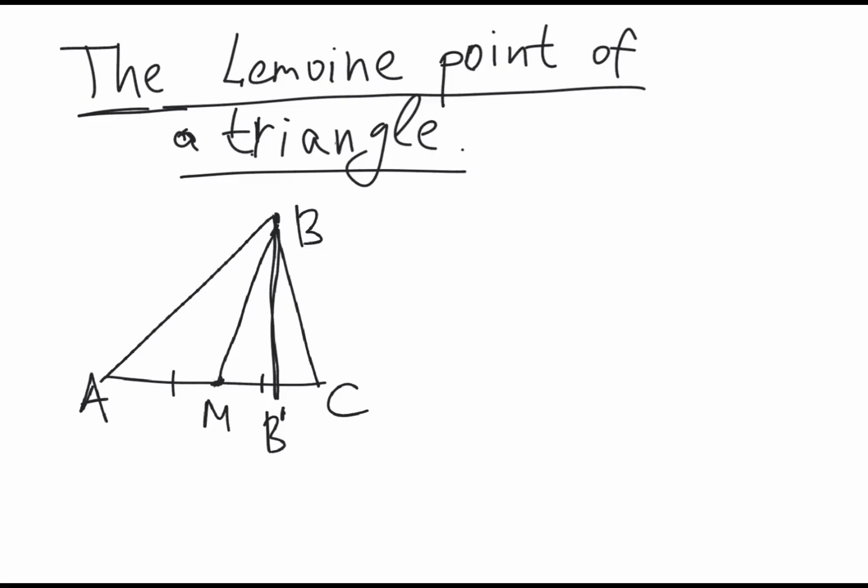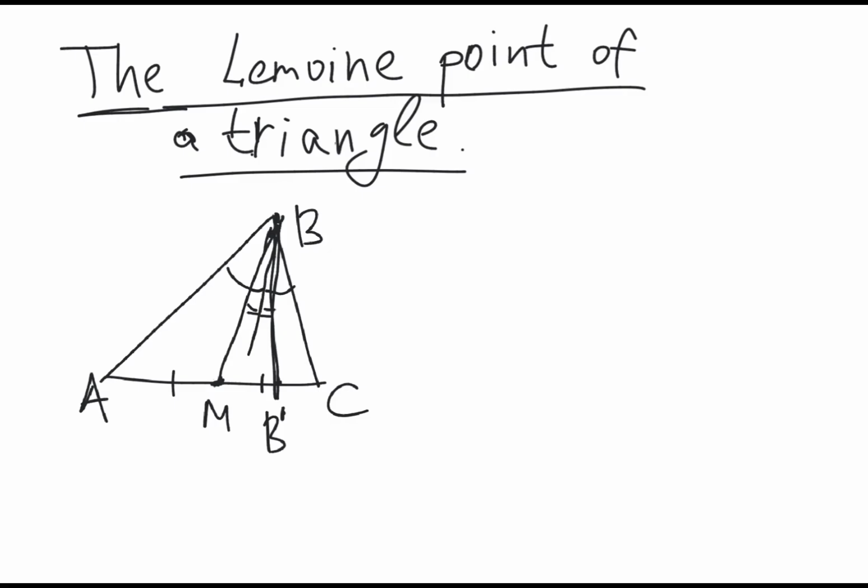Then we take the bisector, so these angles are equal, and we reflect the median with respect to the bisector, at equal angles from the bisector. The symmedian is the line that is symmetrical to the median with respect to the bisector.